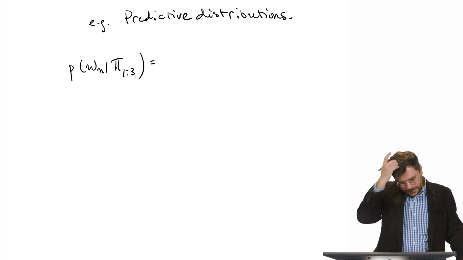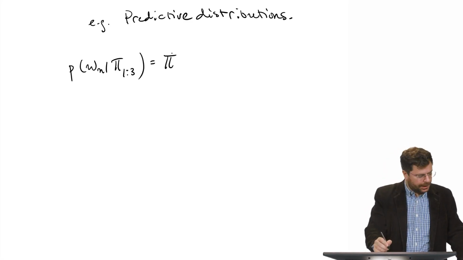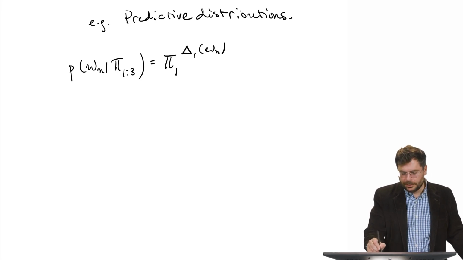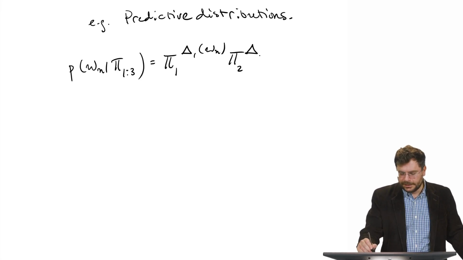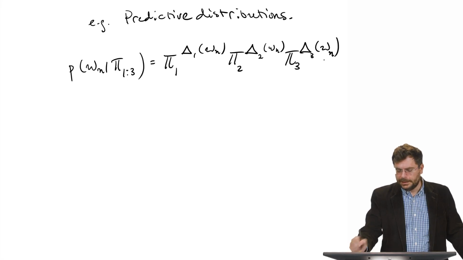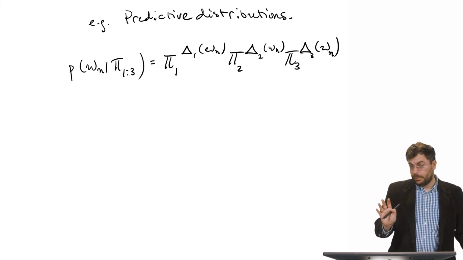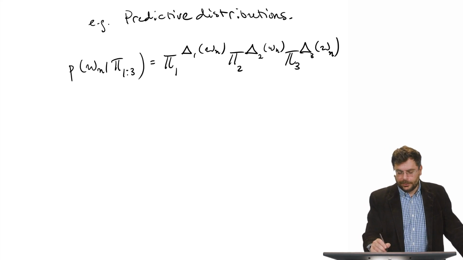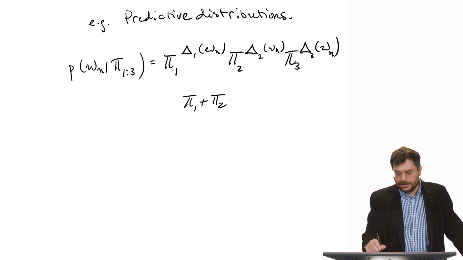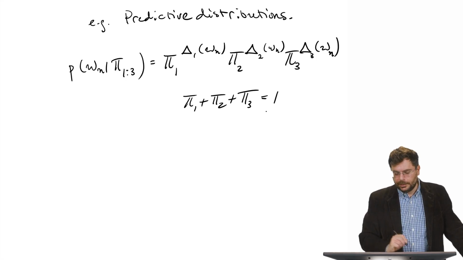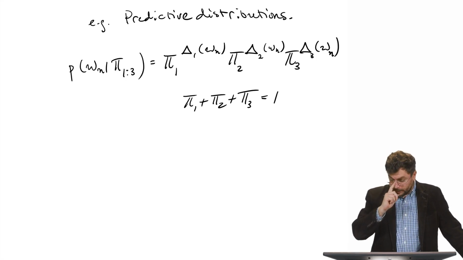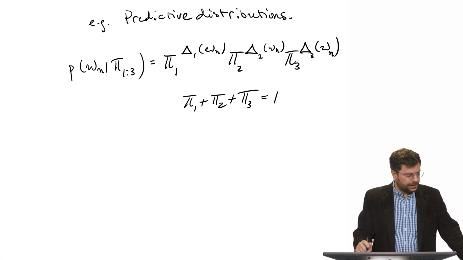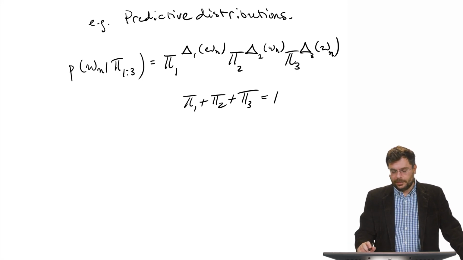And the probability of the data here will be pi_1 raised to the delta_1(w_n), pi_2 raised to the delta_2(w_n), and then pi_3 raised to the delta_3(w_n). Now, just like with the coin flip, where pi_1 plus pi_2 is equal to 1, then similarly here, pi_1 plus pi_2 plus pi_3 should be equal to 1, because the sum of the probabilities for each one of my outcomes needs to be normalized to 1.